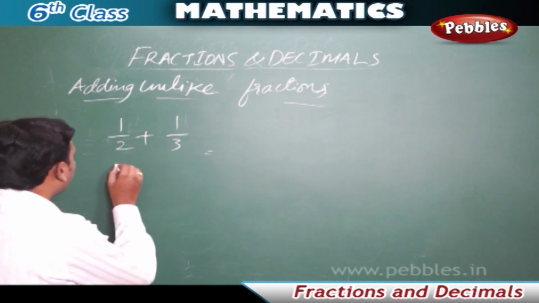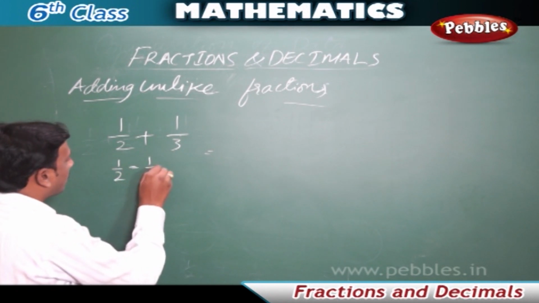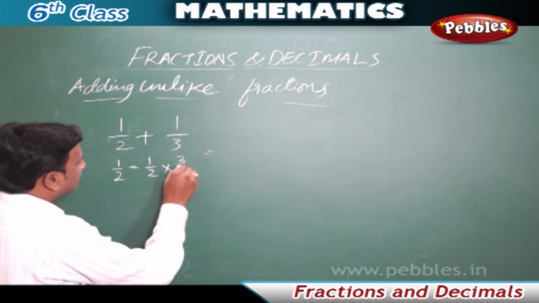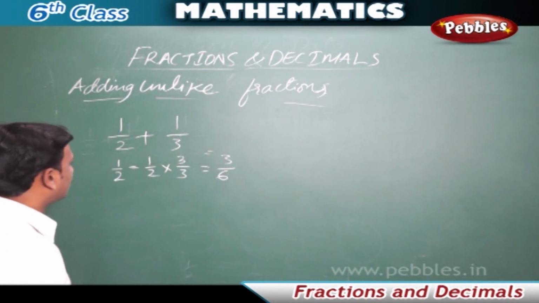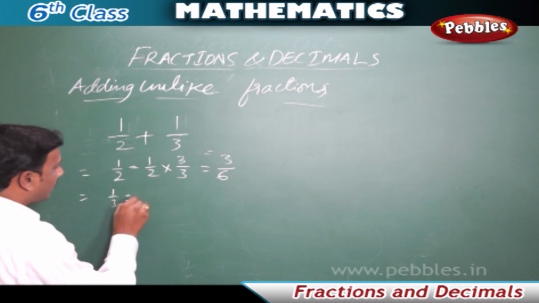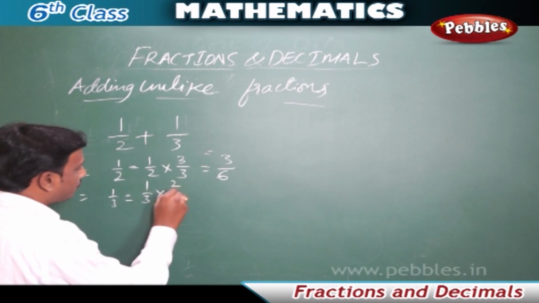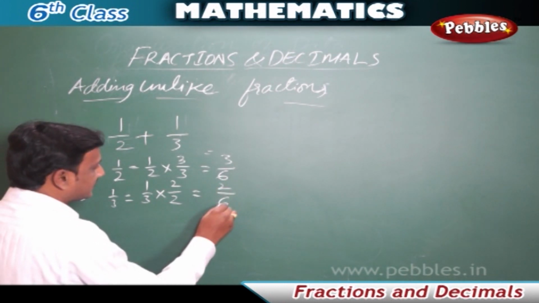Say 1/2 is equal to 1/2 into 3/3, which is 3/6. In the same way, 1/3 is equal to 1/3 into 2/2, which is 2/6.